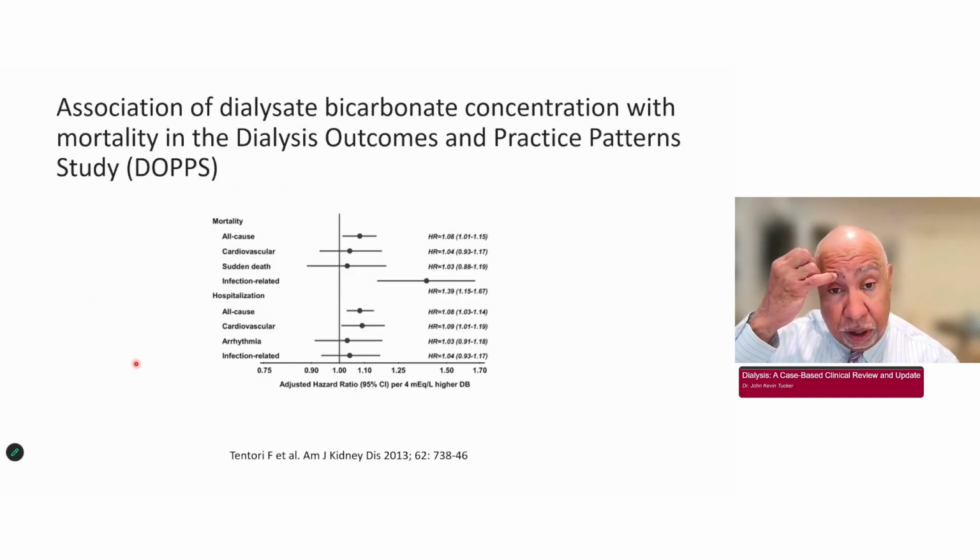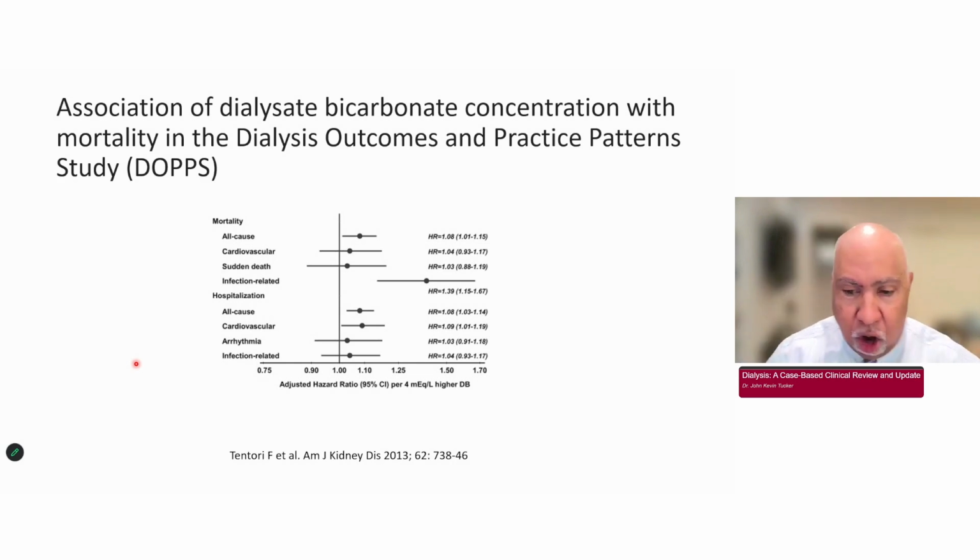Now, there are a lot of thoughts about what the optimal dialysis bicarbonate is or should be, but very little data. This is from the DOPPS study, which tends to show a greater hazard ratio for all-cause mortality, as well as cardiovascular and sudden death, and interestingly, for infection-related mortality with higher dialysate bicarbonate baths.